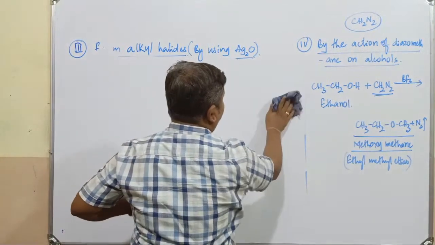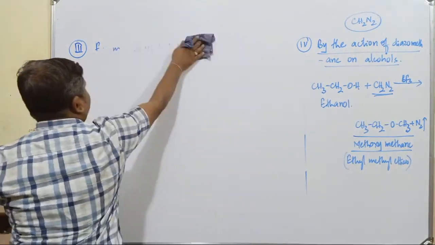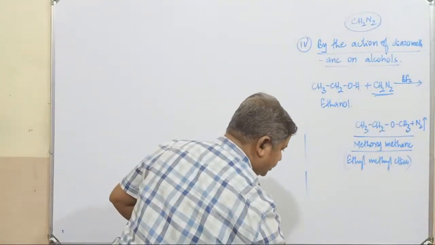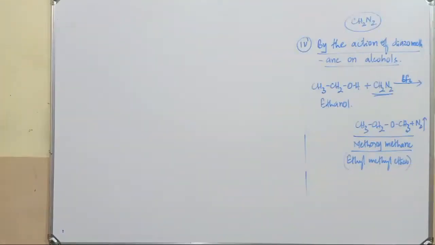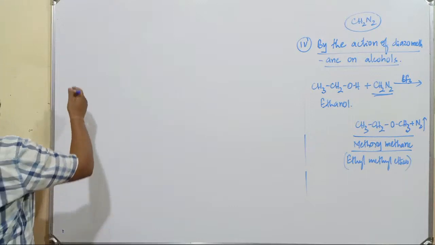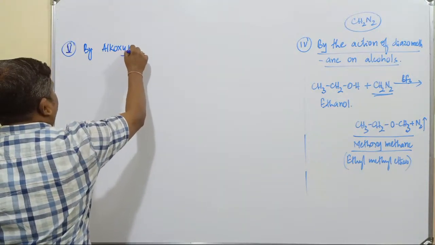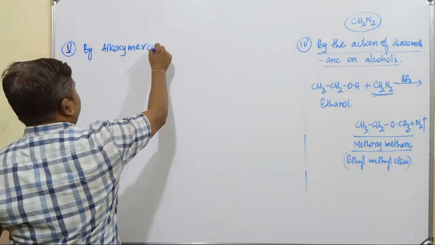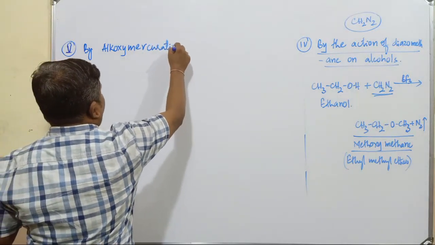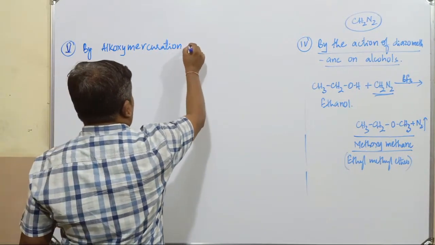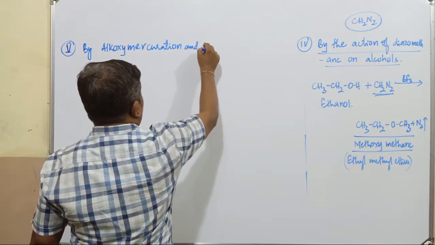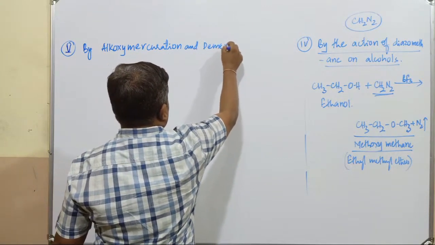So next method of preparation of ethers. Number 5 we can write: alkoxymercuration and demercuration process.